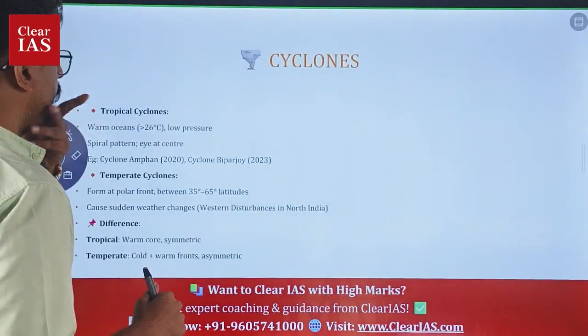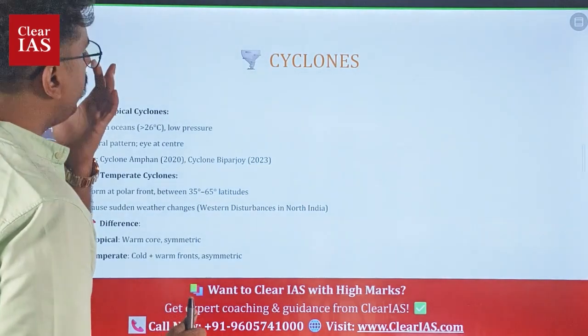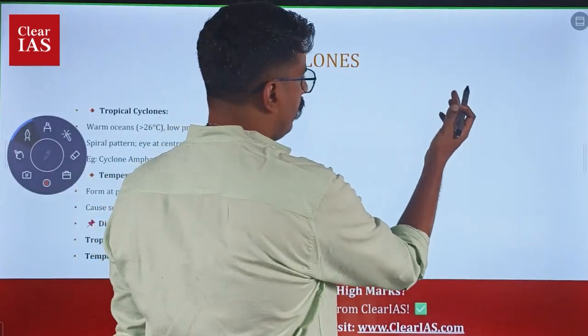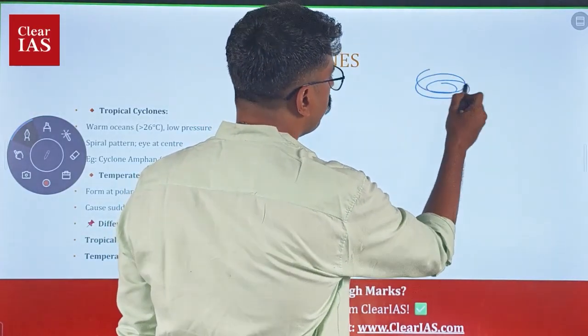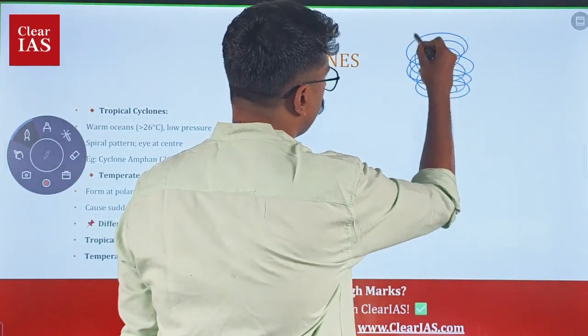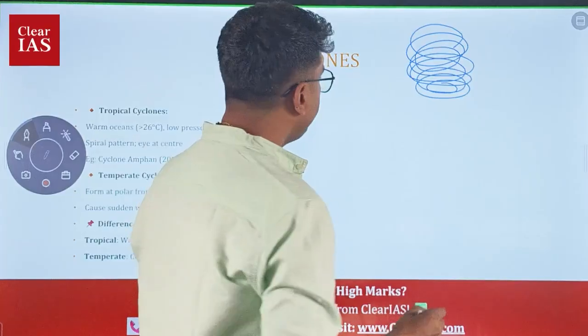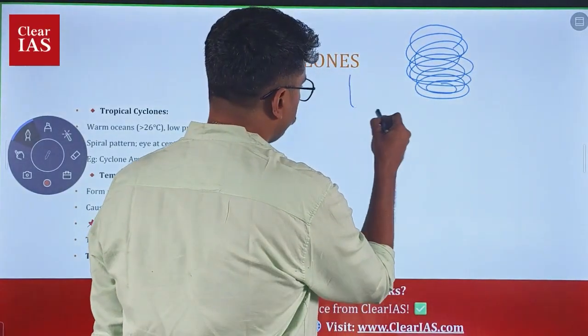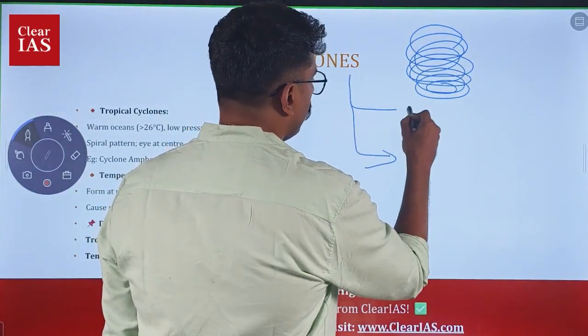So why? We'll understand. Cyclones are whirling movements of air that create a lot of rainfall, right? Cyclones can be divided into two major types.